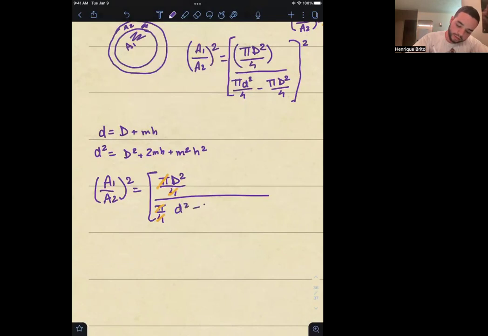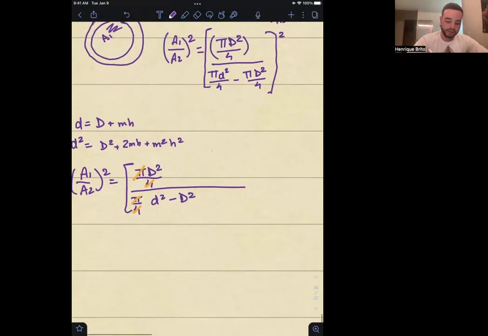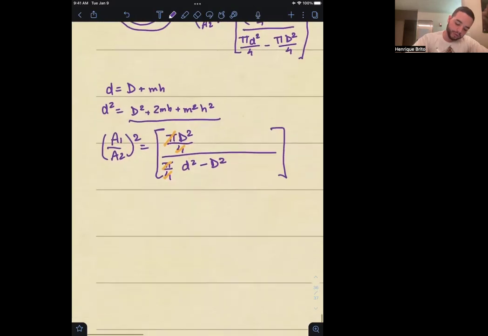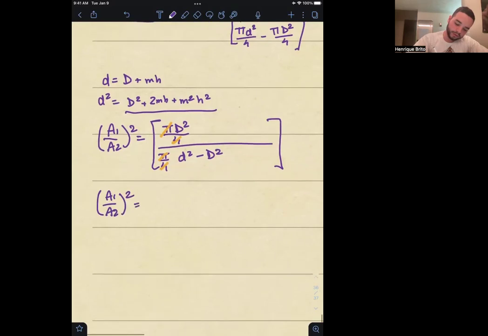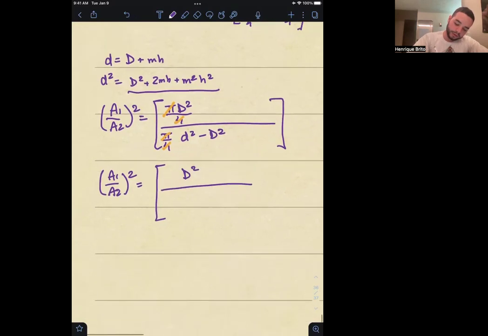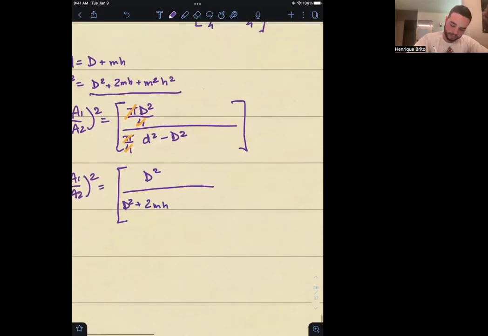D squared minus, which translates to this, which will give us m squared h squared minus d squared.